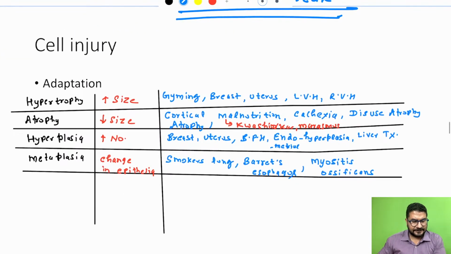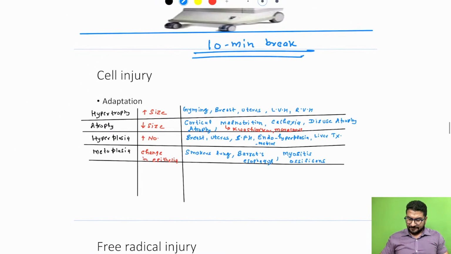So this is like a simple short and sweet slide where you can see all the different types of adaptation. Done? Am I clear?